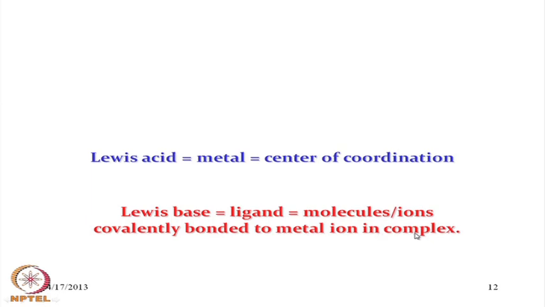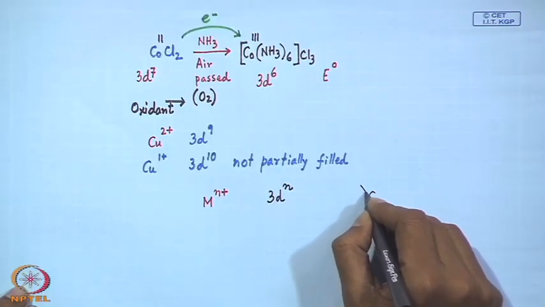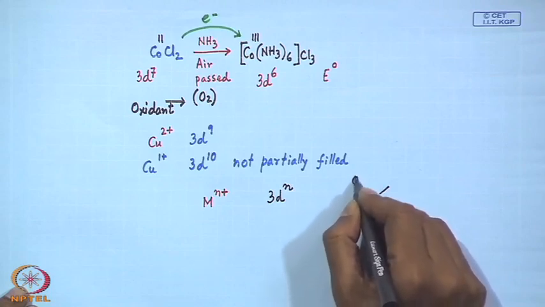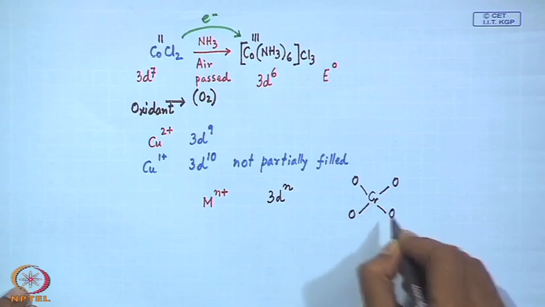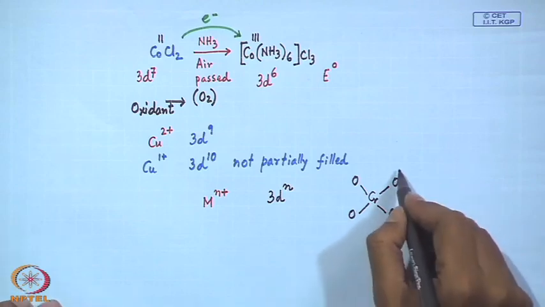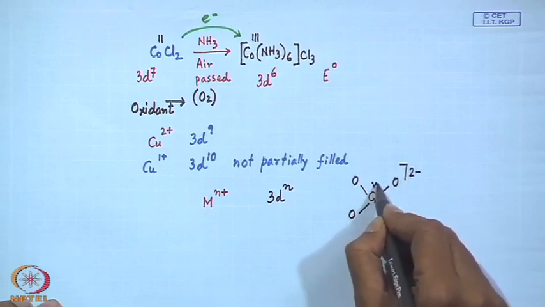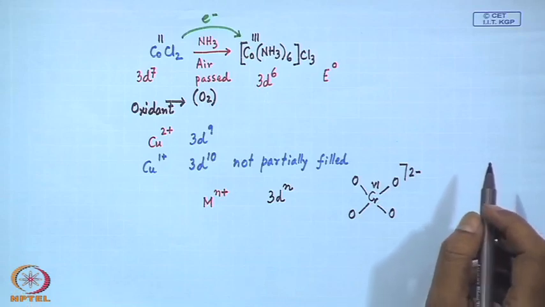So, what we have just now seen is the tetrahedral chromate complex, where four oxide anions are there, and overall we have a charge of 2 minus because we have a center of chromium in the +6 oxidation state.